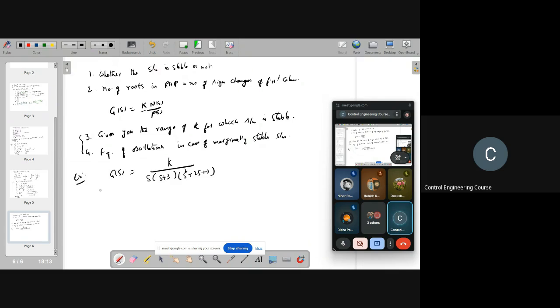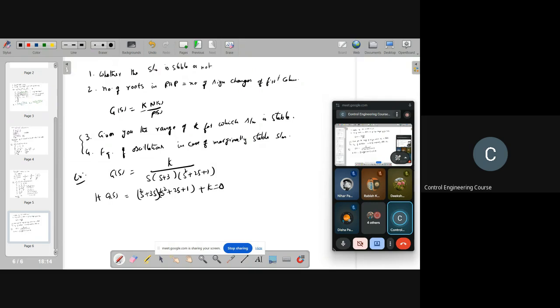Then the characteristic equation will be 1 plus G of S equal to 0, that is S square plus 3S into S square plus 2S plus 1 plus K equal to 0.